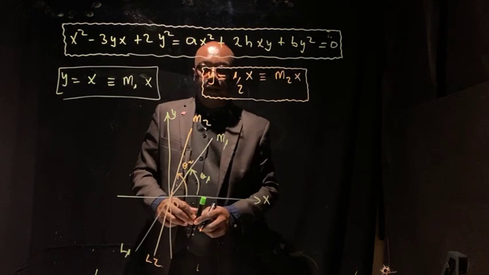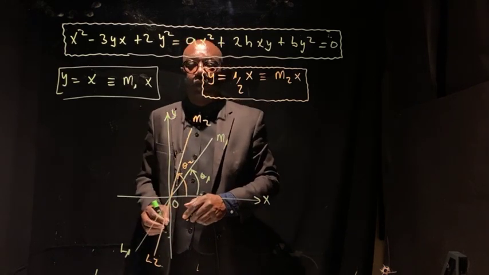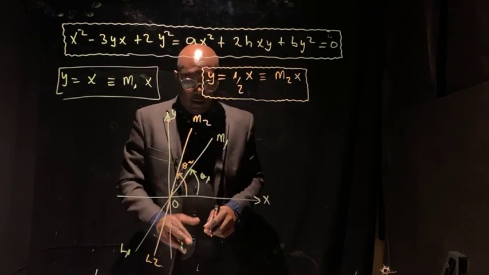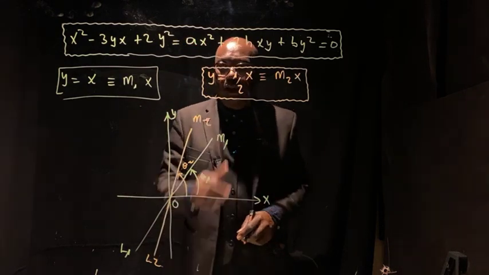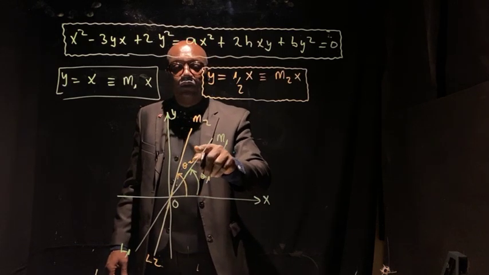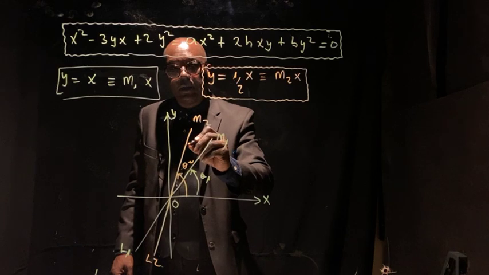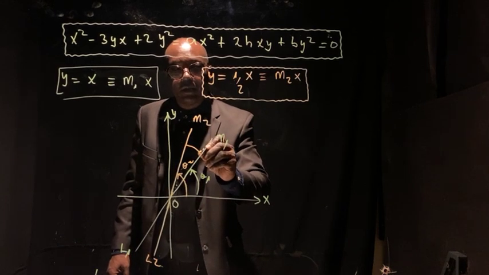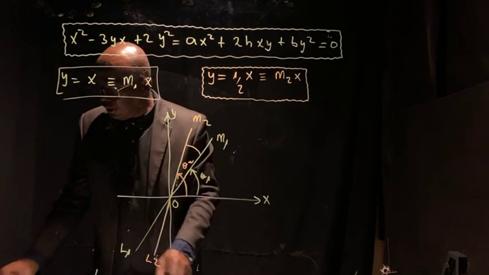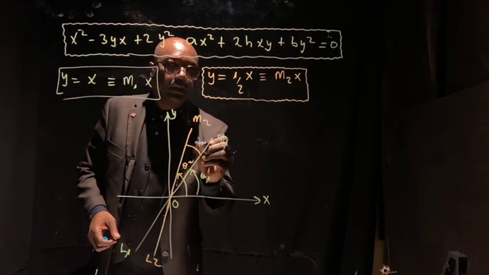And then these are their respective gradients. So let us move on to see the angle between the two lines. I'll call this angle alpha, the angle between the two lines.